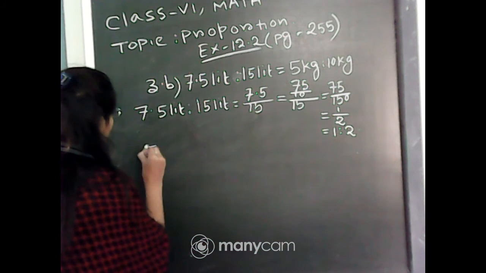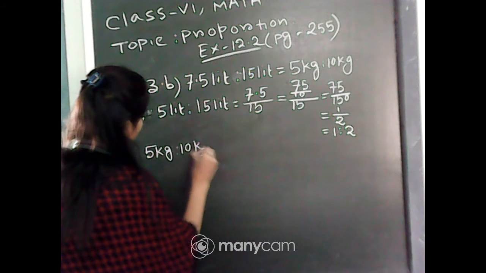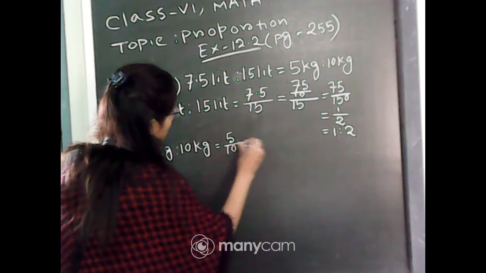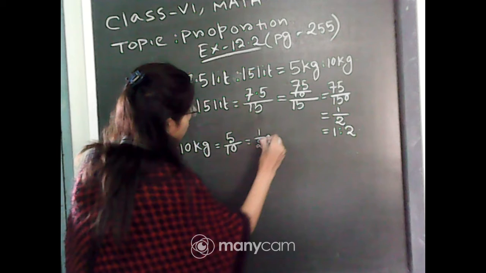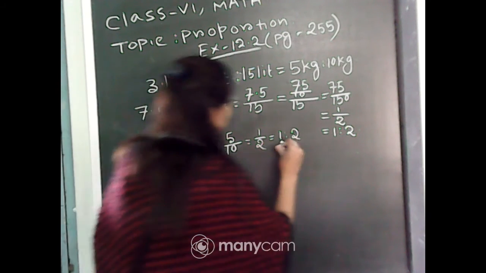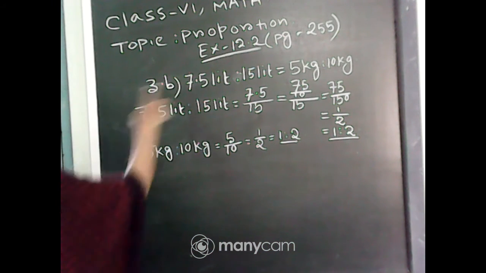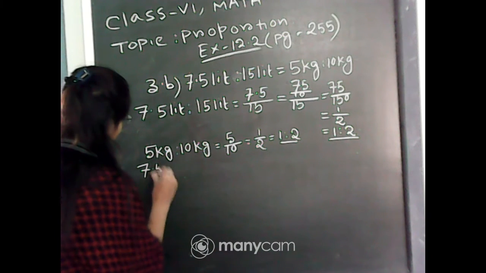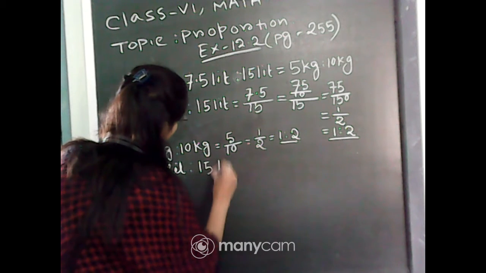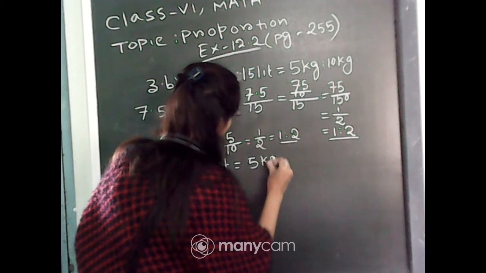Again, 5 kg is to 10 kg is equal to 5 divided by 10, that is 1 divided by 2, that is 1:2. Here the ratios are equal, so we can say that 7.5 liter is to 15 liter is equal to 5 kg is to 10 kg.